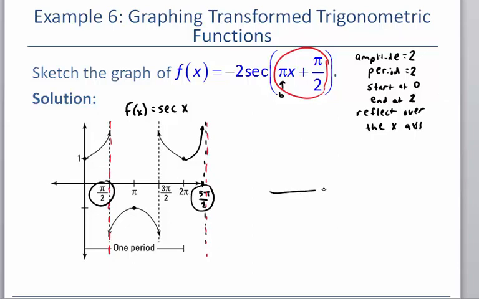All right, so I'm going to go ahead and draw a graph. I'm going to put my starting point at 0 and my ending point at 2. Okay, remember that you started with an asymptote and you ended with an asymptote, so we will still have that same pattern going here where we start with an asymptote and we end with an asymptote.